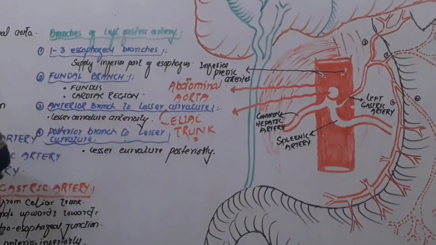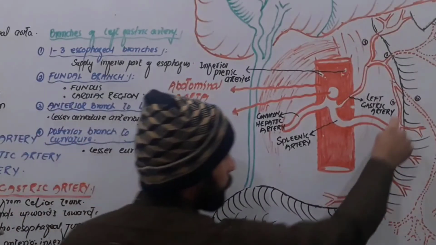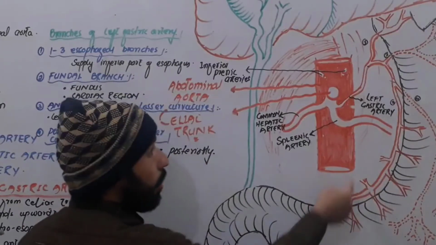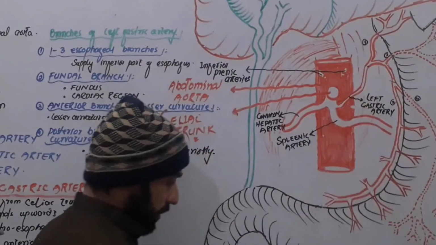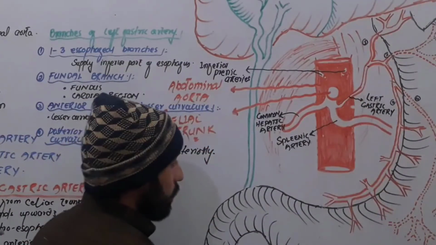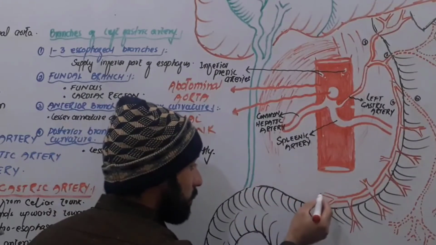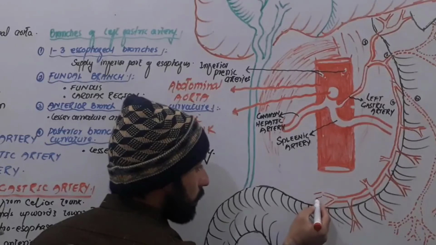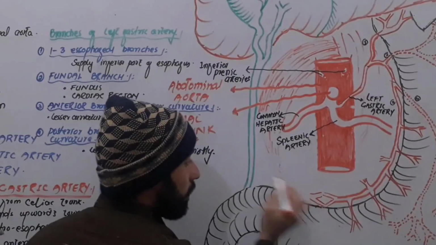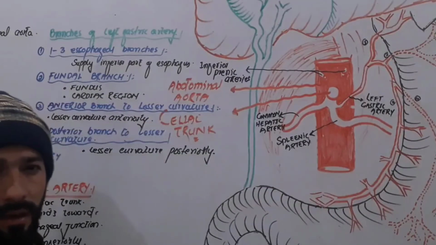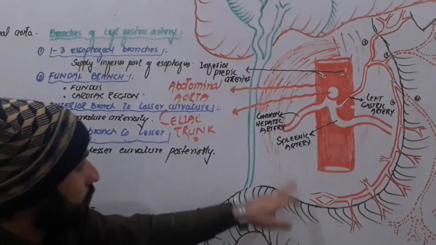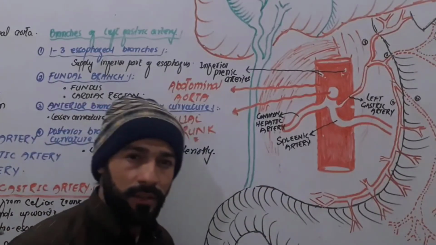One thing very important, friends: this anterior branch of the left gastric artery, we will see in the next lecture, will make an anastomosis with the right gastric artery, which is a branch of our common hepatic artery.